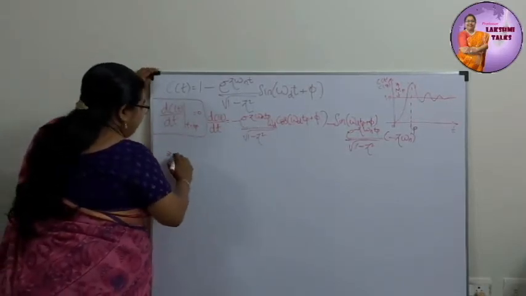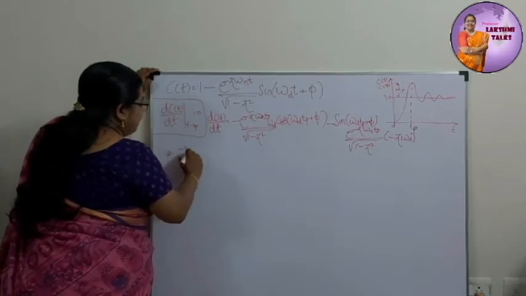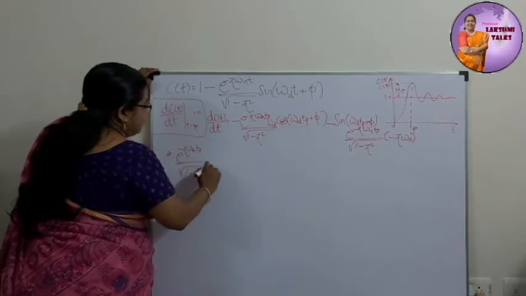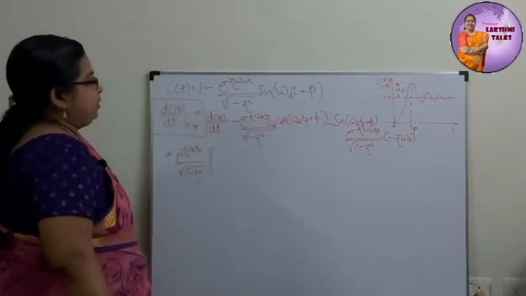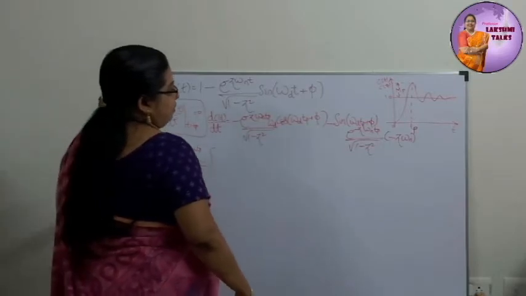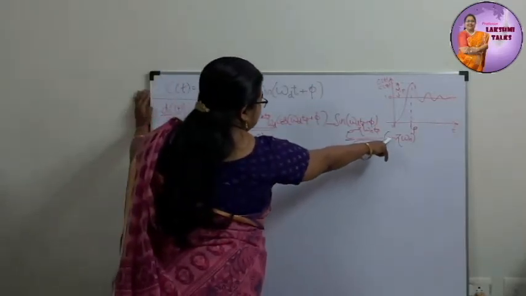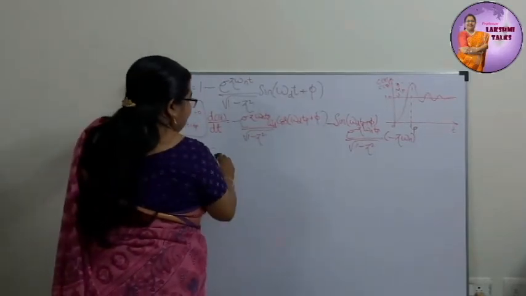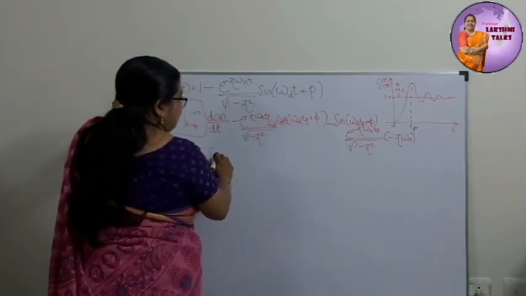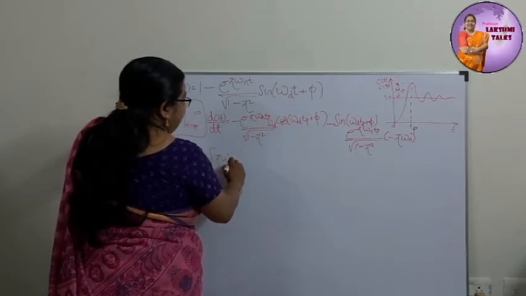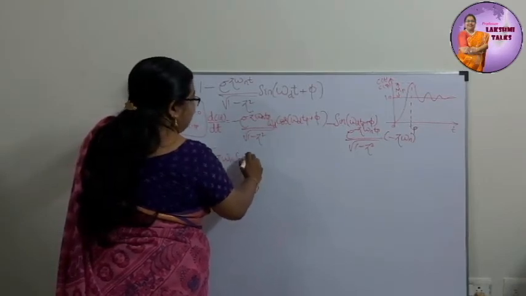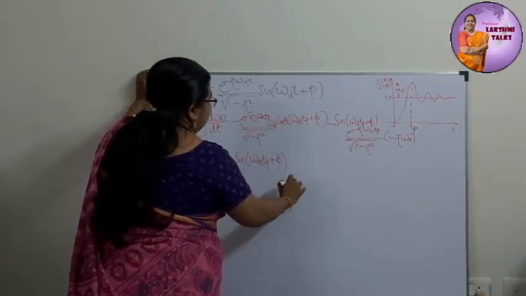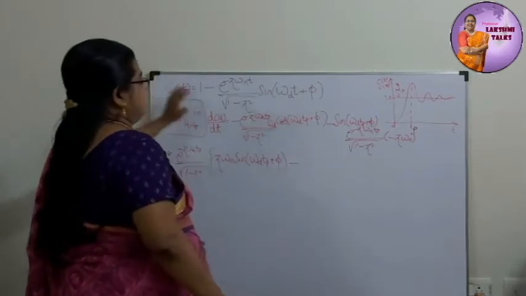Okay, so what happens? e power minus zeta omega n tp by root of 1 minus zeta square into, here it is negative and negative, so it is positive, plus zeta omega n sine of omega d tp plus phi minus omega d.